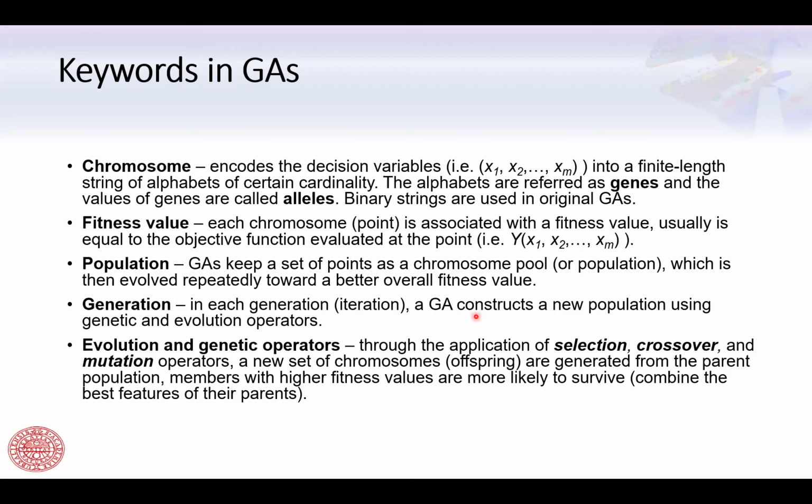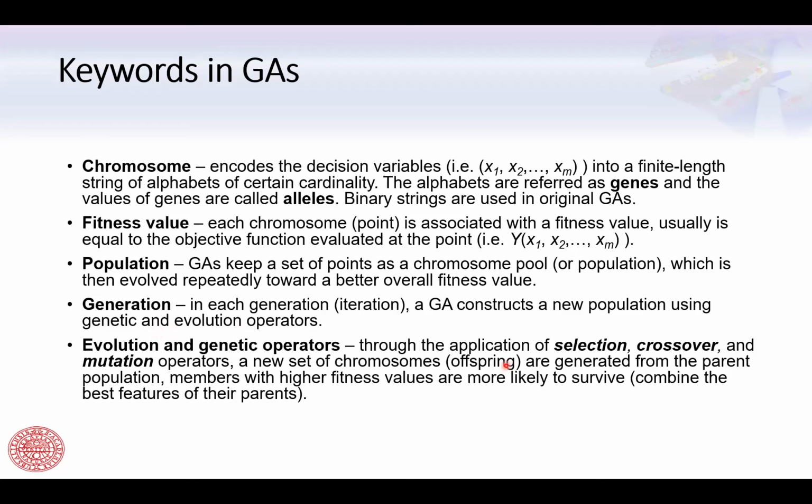The genetic algorithm constructs a new population using genetic and evolution operators. So we start with a pool of solutions in a population, and to advance from one pool to another, from one generation to another, we need some genetic operators.